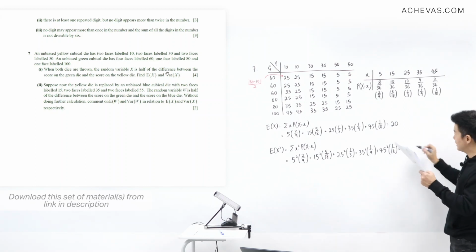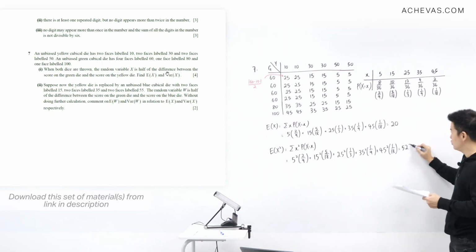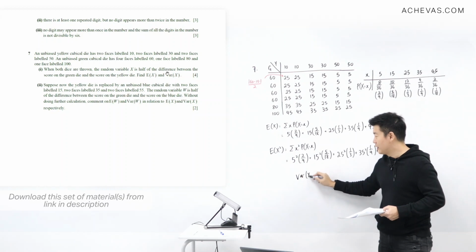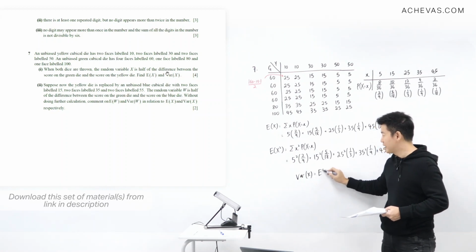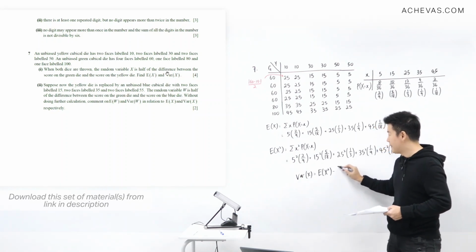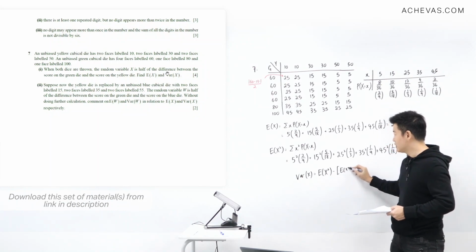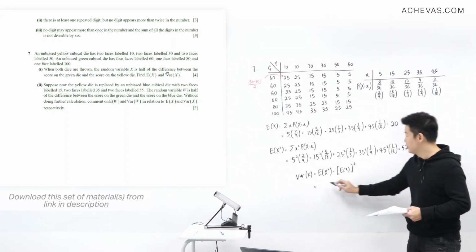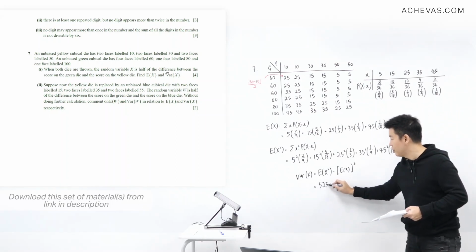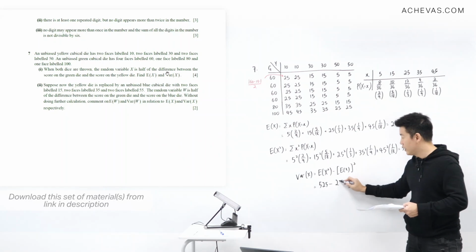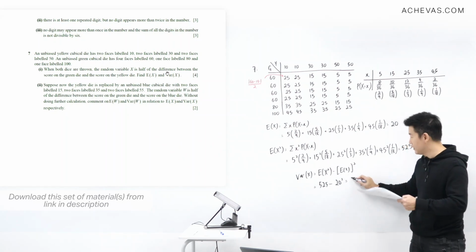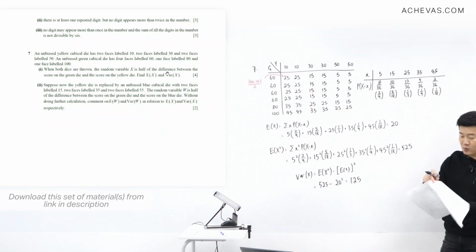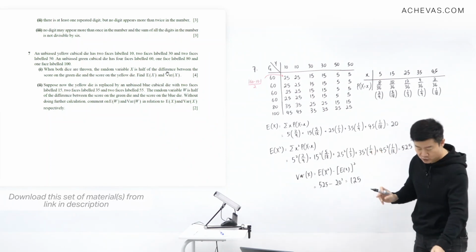This is going to give us 525. And now we can work on the variance. The variance of x is going to be the expectation of x squared minus the expectation of x, and this entire thing squared. So it is going to be equal to 525 minus 20 squared, and this will give us our answer, 125. This is part 1. Let's move on to part 2.